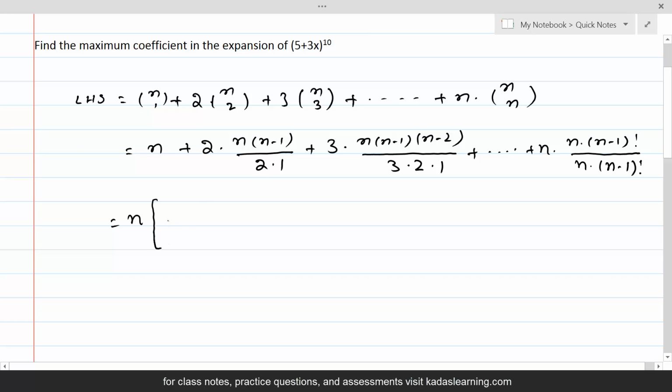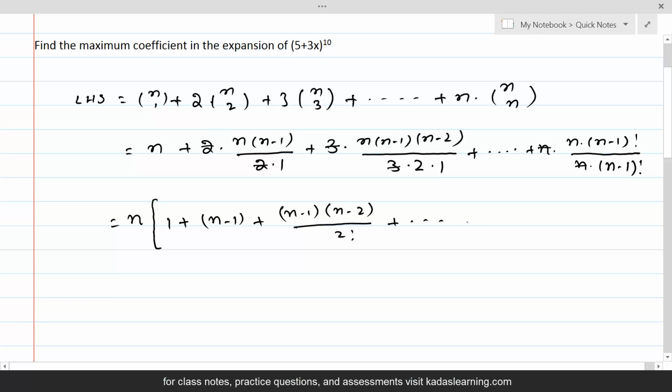What leaves us behind is 1 plus, this 2 gets cancelled with 2, 3 gets cancelled with 3, and similarly n gets cancelled with n. And if n is taken out, what we are left with is 1 plus n minus 1 plus n minus 1 into n minus 2 over 2 factorial plus so on.